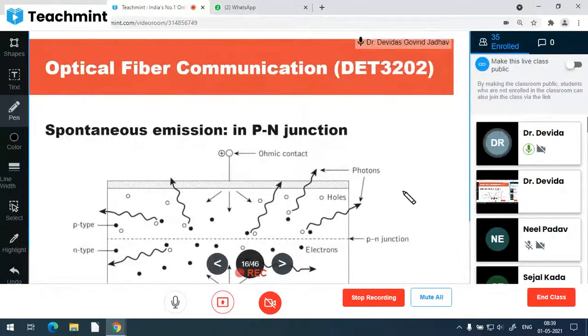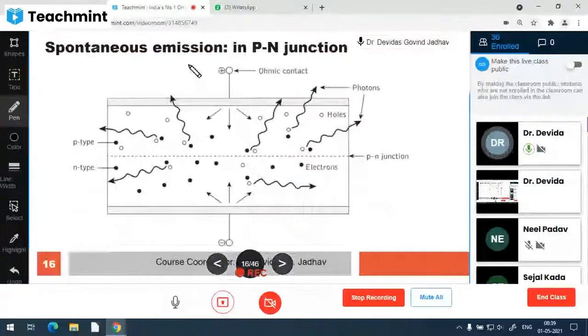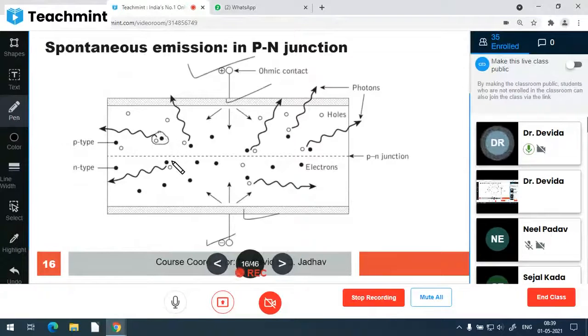Spontaneous emission in a PN junction: when the PN junction is connected with the positive of the battery to the P side and the negative to the N side, with ohmic contact and metallization, a large number of electrons from the N side go into the P side, a large number of holes from the P side go into the N side, and electron-hole recombination takes place on both sides randomly, spontaneously, and they emit photons in any direction.